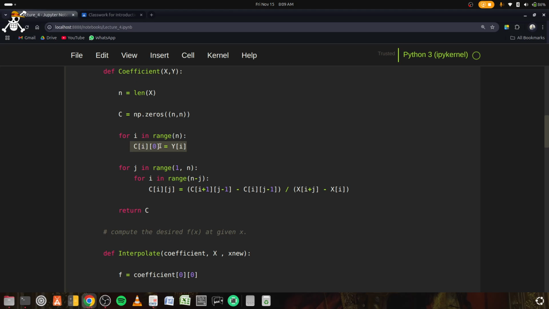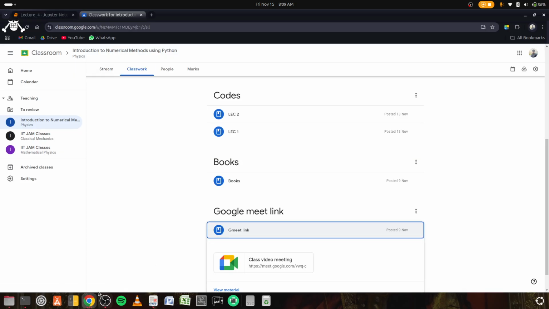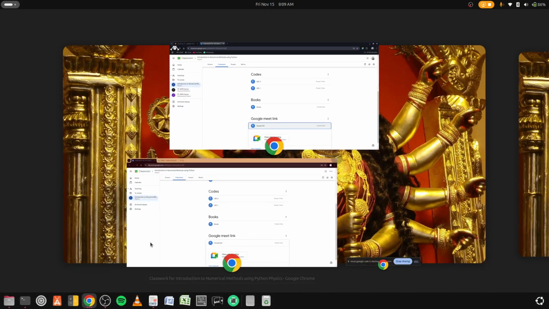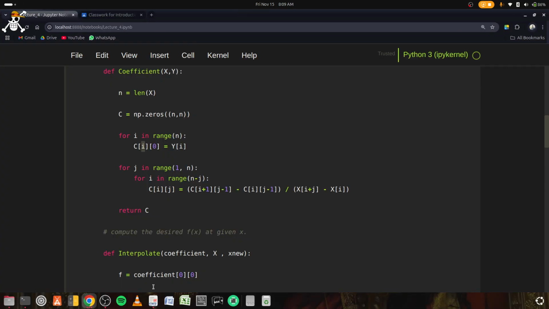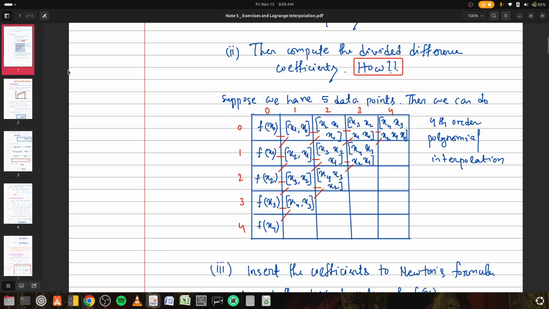That means, what is this 0? 0 is the column. In the 0th column update all the row values, and this i goes from 0 to 5.